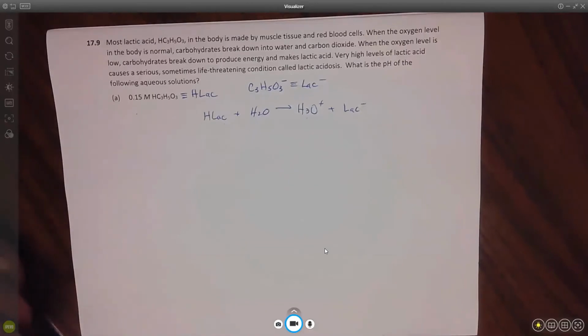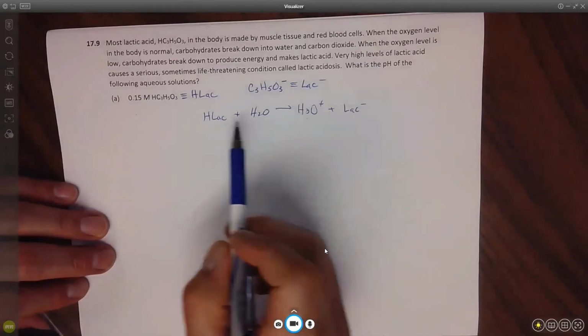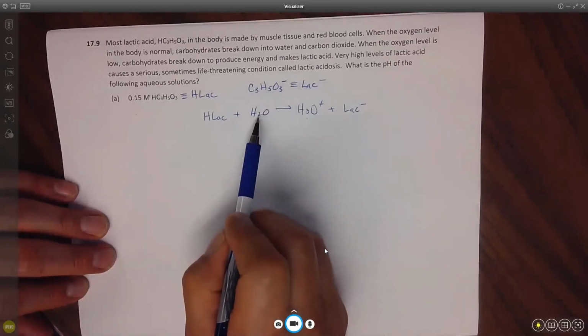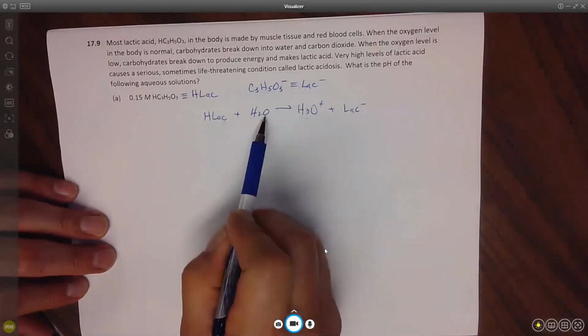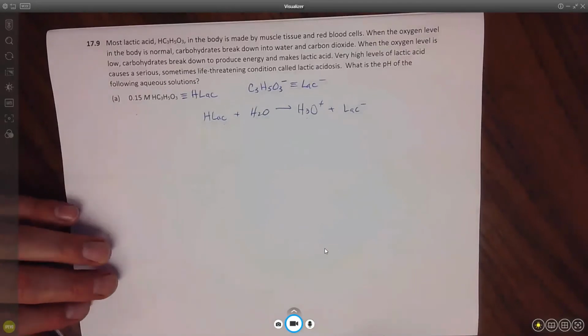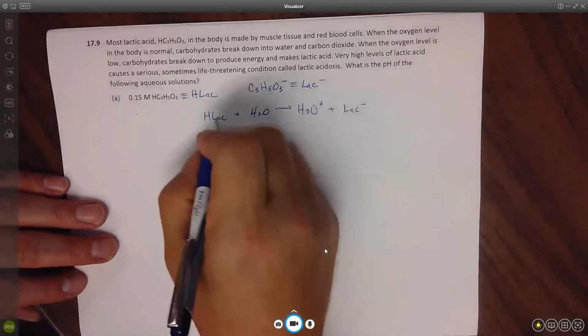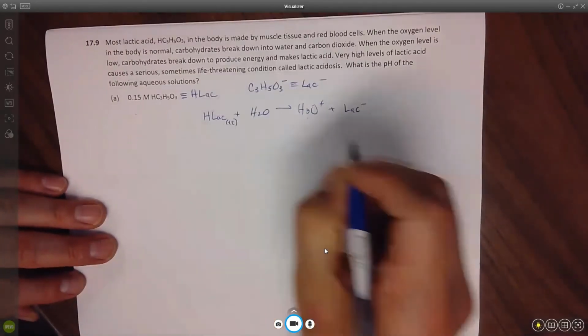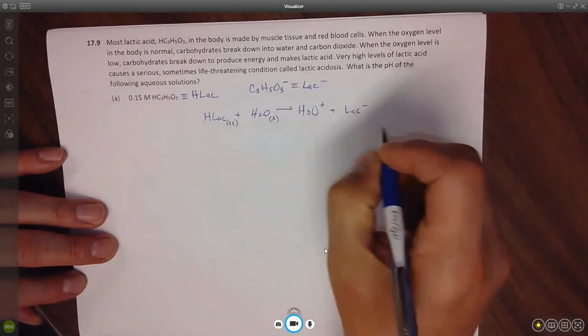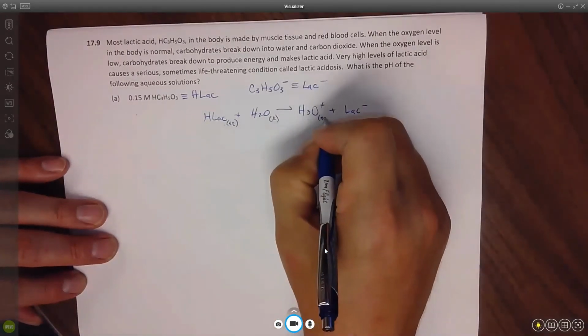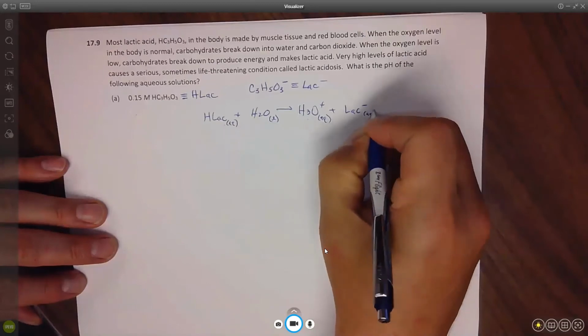Okay, is it balanced? Yeah, right. We have 1 LAC. We have 3 H's and 1 O, 3 H's and 1 O. It's balanced. This is our lactic acid. All acids are soluble. Water is our molecular solvent. All ions are soluble.